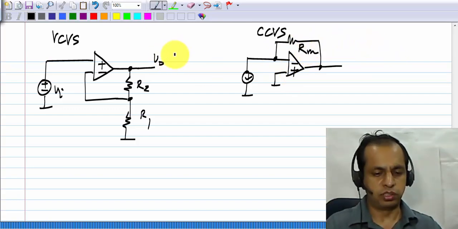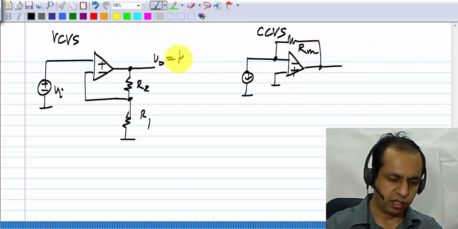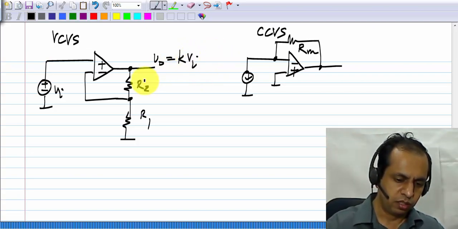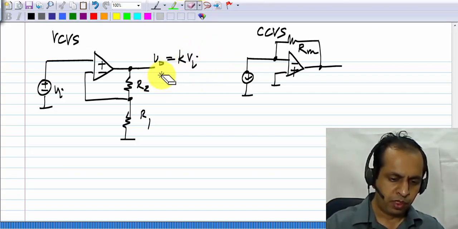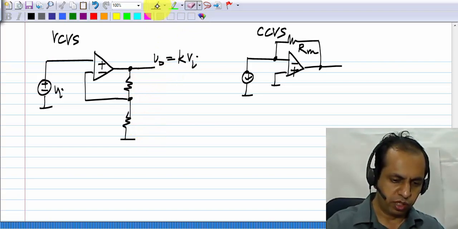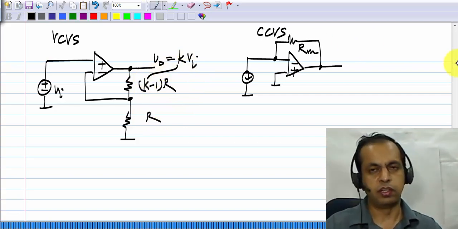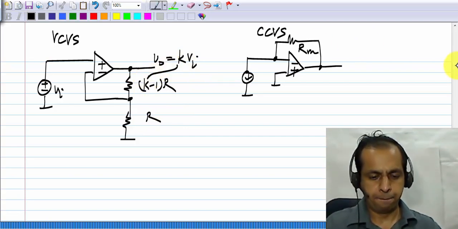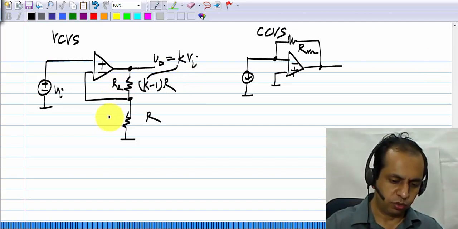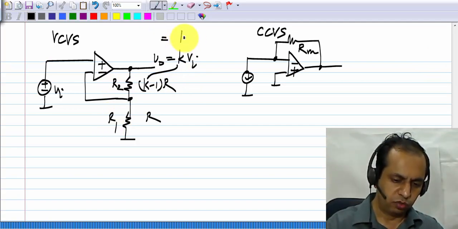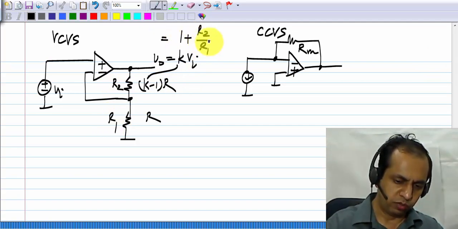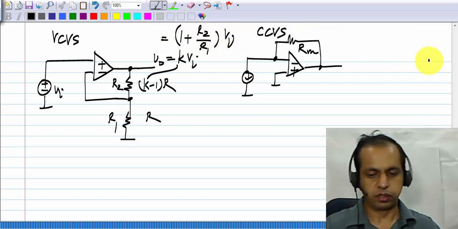And in case of the voltage controlled voltage source, the output will be exactly K times Vi, where this K is given by the resistor ratio. If this is K minus 1 R and R, K is what appears there. Okay. Or if you call these R2 and R1, this will be 1 plus R2 by R1 times Vi.